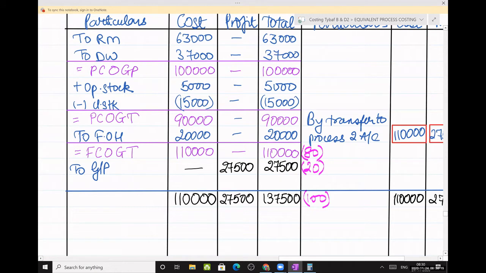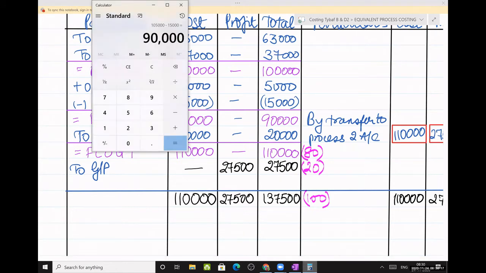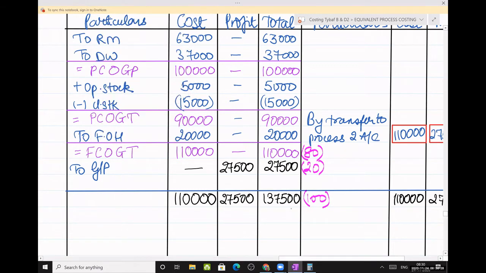And then cost of the farm. 10,000 into 100 divided by 80. 1,37,500. And the difference is profit.